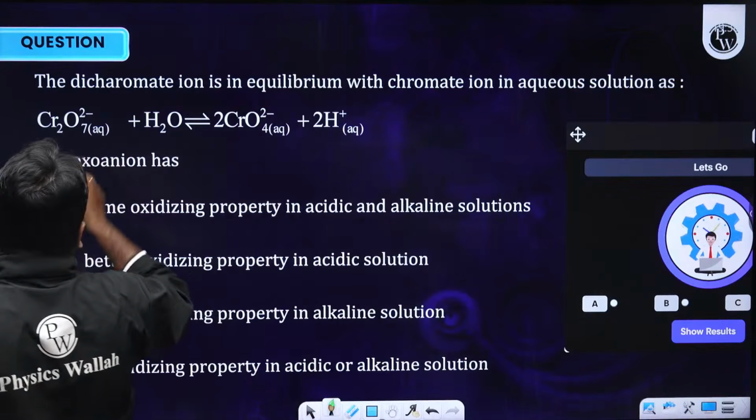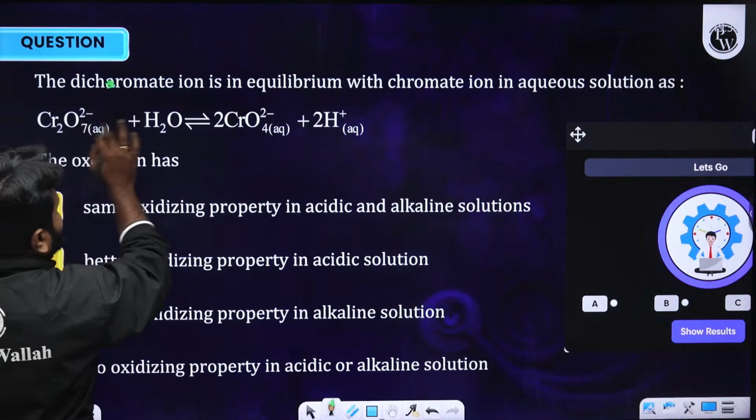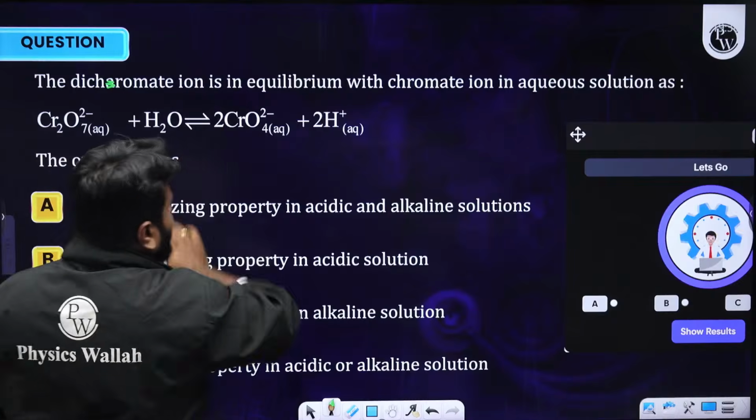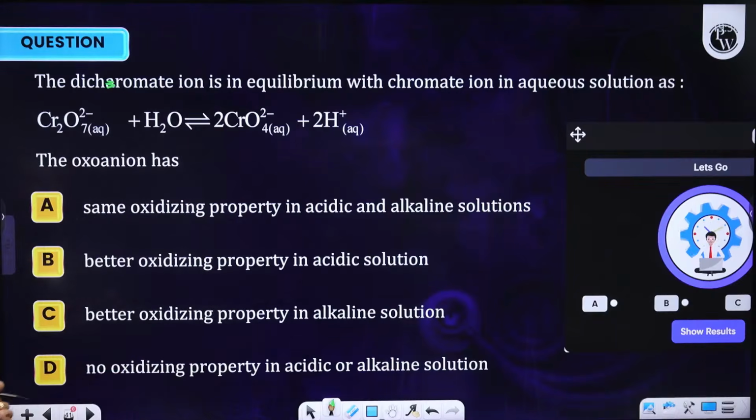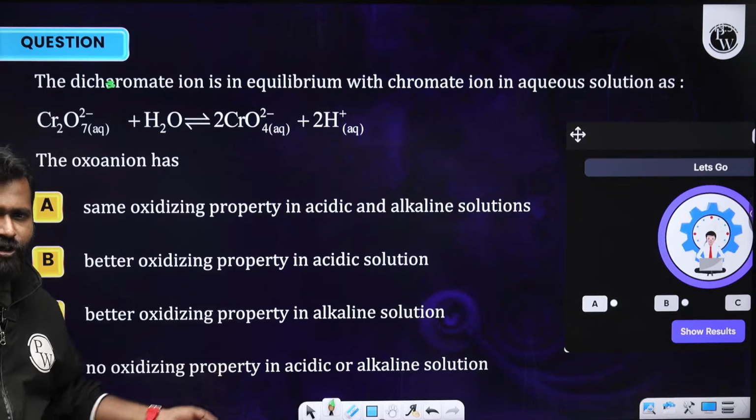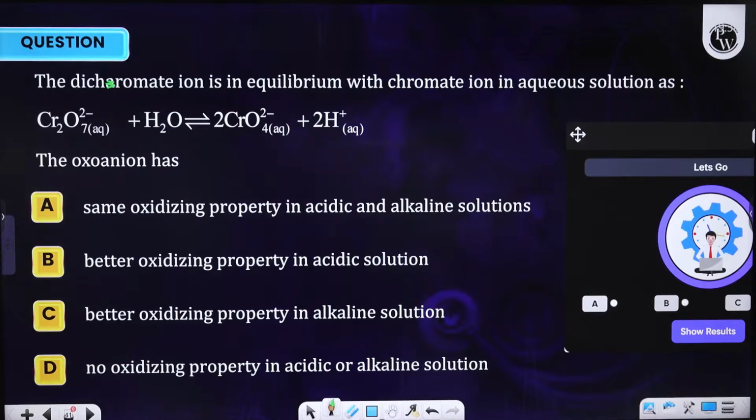The dichromate ion is in equilibrium with chromate ion. The oxoanion has the same oxidizing property in acidic and alkaline solution; better oxidizing property in acidic solution; better oxidizing property in alkaline solution; no oxidizing property in acidic or alkaline solution.